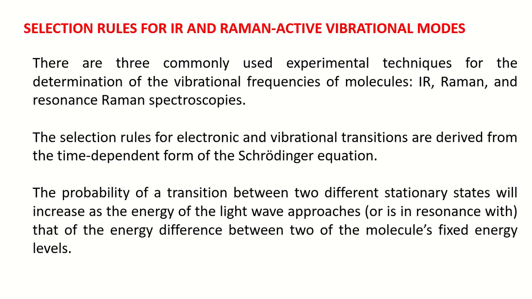The three techniques differ in the manner in which the quantum mechanical vibrational spacings in molecules are measured. Thus, each technique has its own set of selection rules, or the rules for which transitions will be spectroscopically observed.